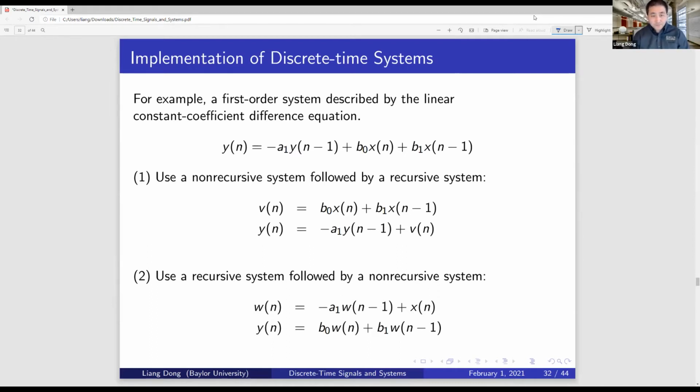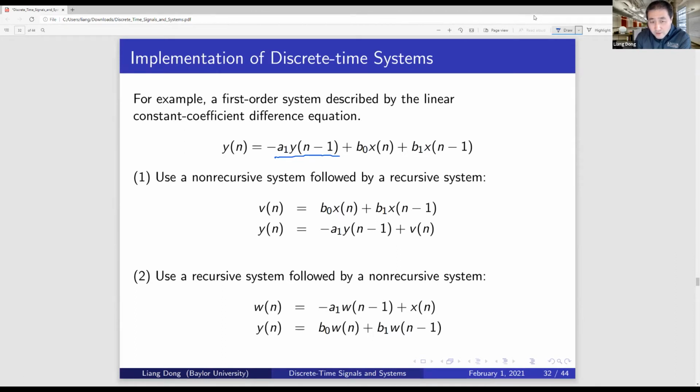Okay, so let's look at the implementation of discrete time systems. For example, we are using a difference equation. Now this difference equation is first order. The order is determined by looking at the y term. Here y has a kind of feedback: y has n minus 1, with one delay.